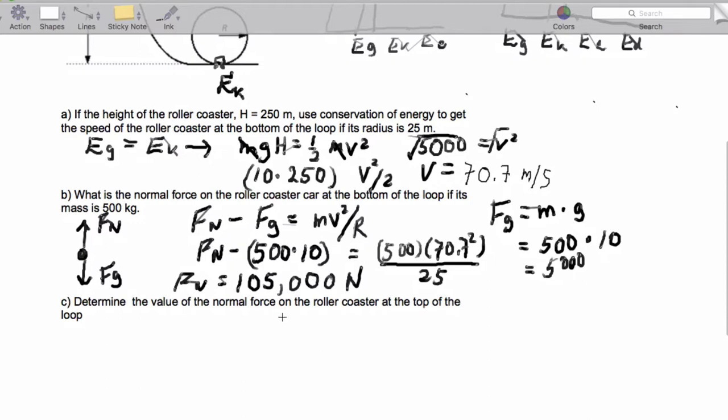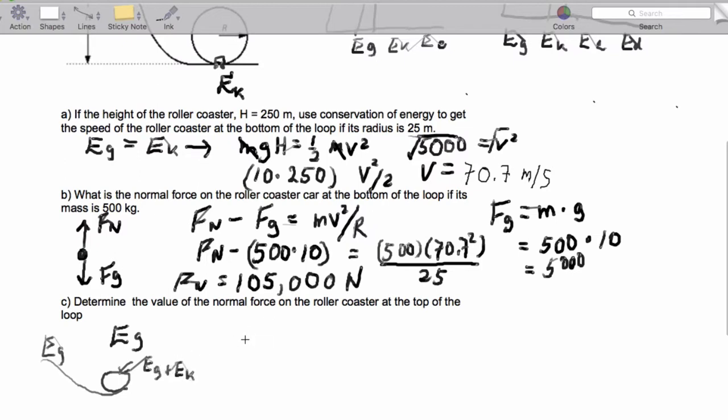Now we want the value of the normal force on the roller coaster at the top of the loop. So let's be careful here. What we can do is this. We can say EG at the top of the roller coaster here equals EG plus EK at the top here.